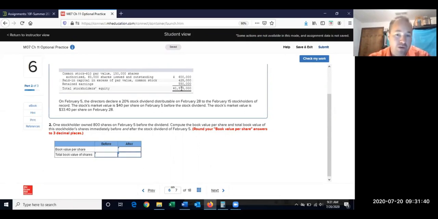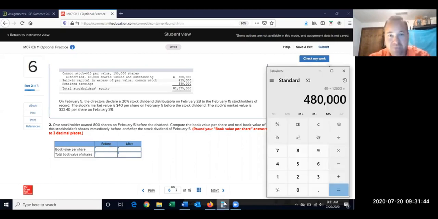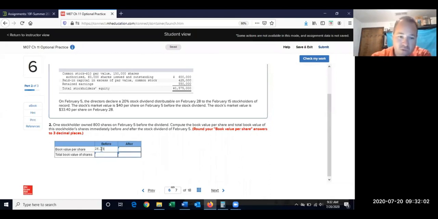All right. So the book value per share before. Book value per share is simply, remember I had this in the very last piece of my notes from the lecture. All you got to do is take total stockholders' equity and divide that by the number of shares outstanding, so 60,000. So before, book value per share is 26.25.